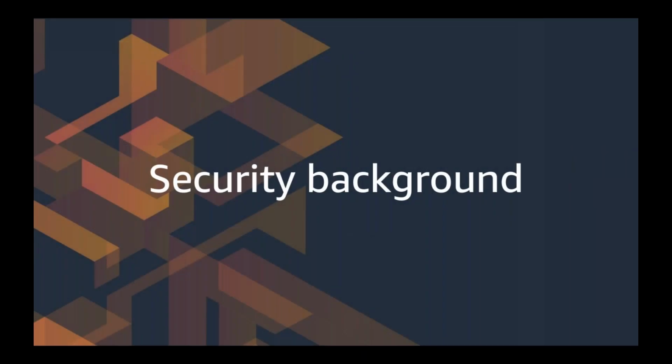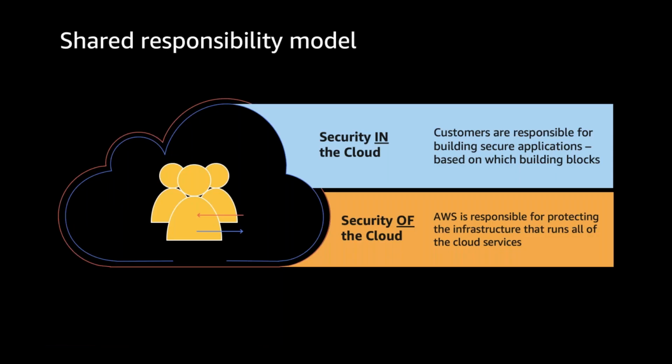And in general, I think what is worth mentioning here is the shared responsibility model. So this applies to any responsibilities in the cloud, but also applies to security as well. So we usually talk about two different layers: the security of the cloud, and that's what AWS is responsible for.